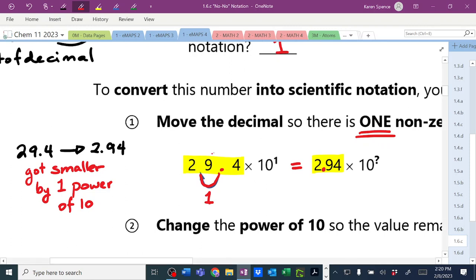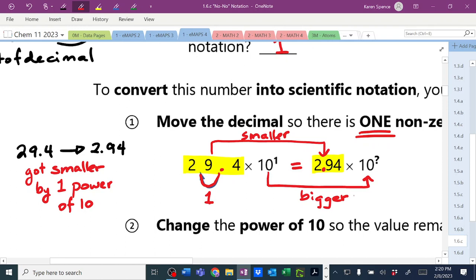So this got smaller, and so the power of 10 has to get bigger. If that makes intuitive sense to you, that's wonderful. If it does not make intuitive sense, I have an example that will hopefully help with that.